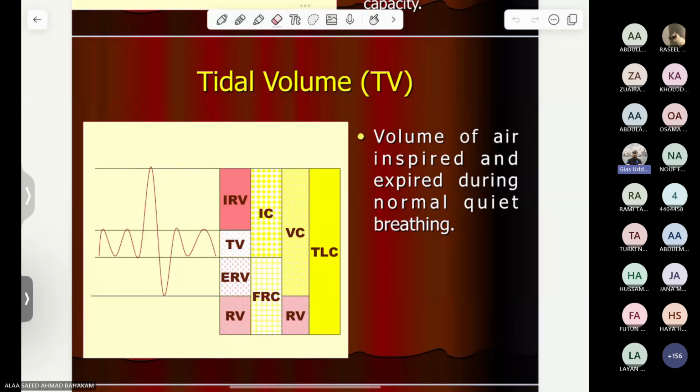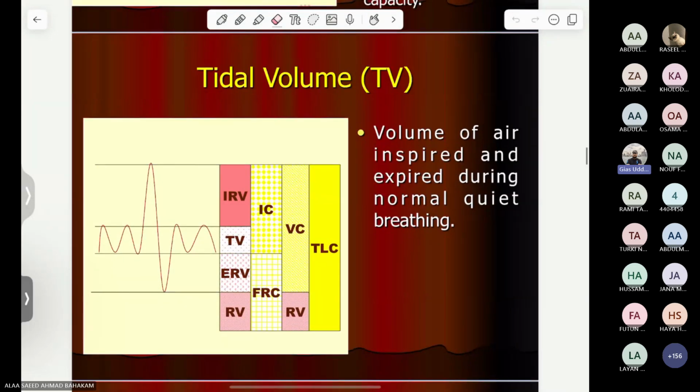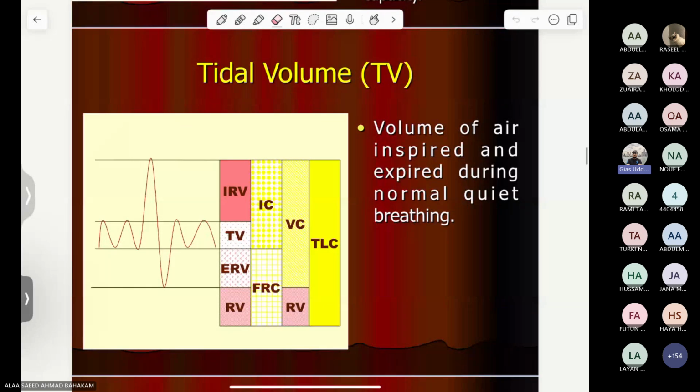Tidal volume, TV. You see in the middle, tidal volume. What is tidal volume? Volume of air inspired and expired during normal quiet breathing. Like you are sitting and listening to me in your room. Now we are still breathing, right? Breathing is going on.